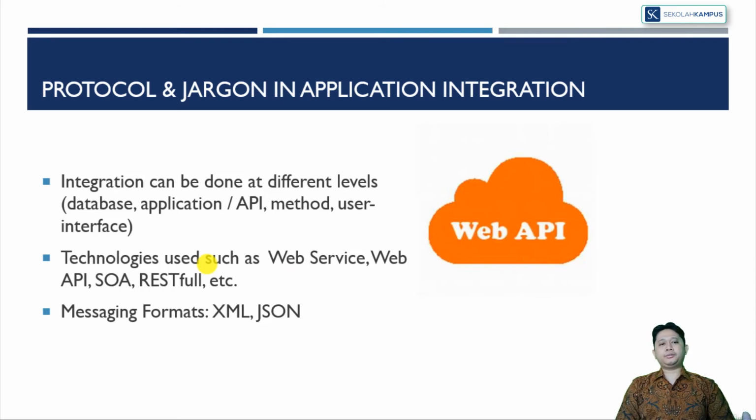From here you might know that this is an integration protocol, and we also want to introduce some of the jargon in application integration. Integration can be done at different levels. Maybe in the next video we will describe it.